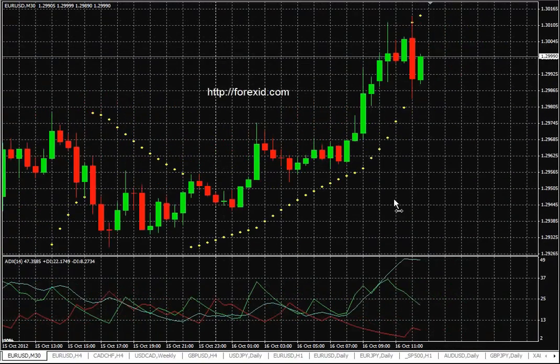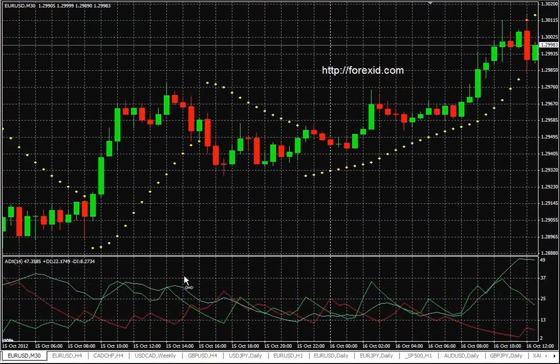I'm a big fan of observing the charts and observing the moves. So I have two tools I combine here. One is the ADX, the average directional movement index.